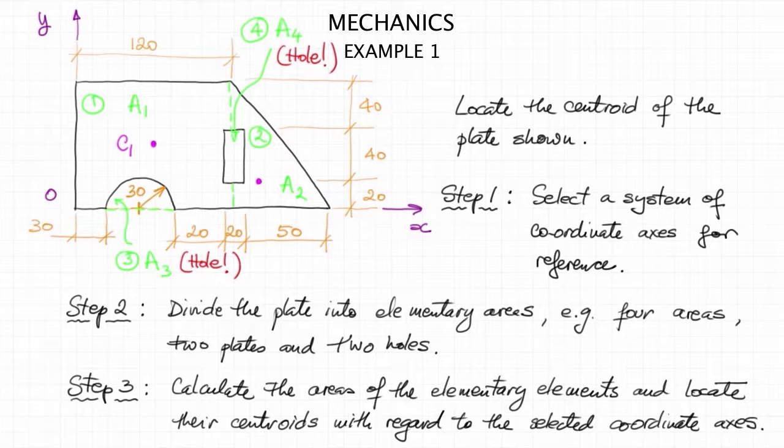So these are the centroids C1, C2, C3, and C4, roughly located approximately on the diagram.